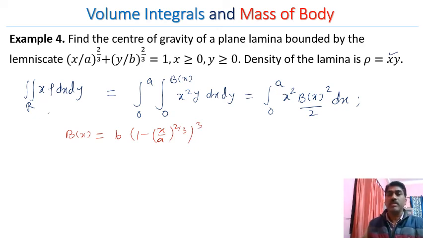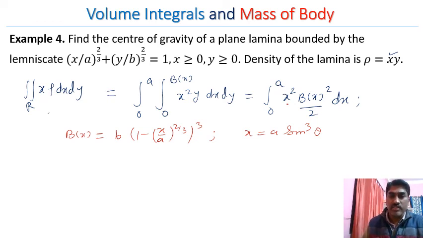We will take the same substitution as in the previous part, x is equal to a sine cube theta. Everything is similar to the previous part, except that this x square will be a square sine to the power 6 theta. In the previous part it was x, so it was a sine cube theta.